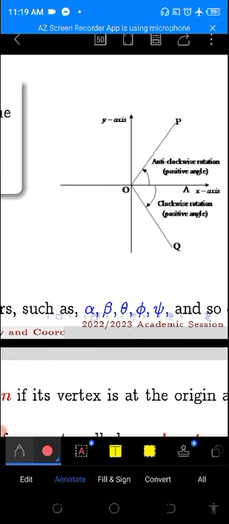It is in its standard position because this is the positive x-axis. So whenever you have an angle like this, this angle is said to be in its standard position because its initial side is the positive x-axis.